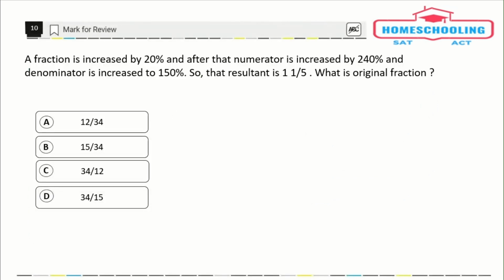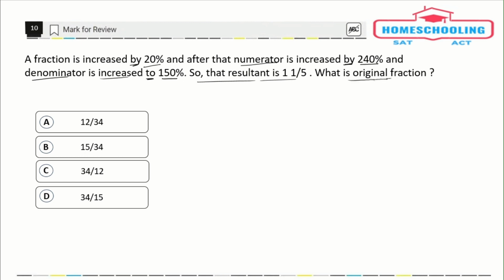In question number 10, it is said that a fraction is increased by 20%, and after that numerator is increased by 240% and denominator is increased to 150%, so that the resultant is 1 into 1 by 5.